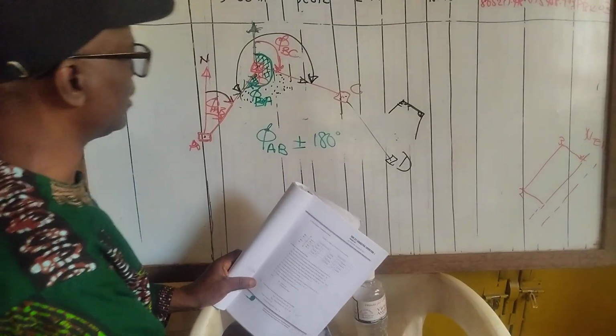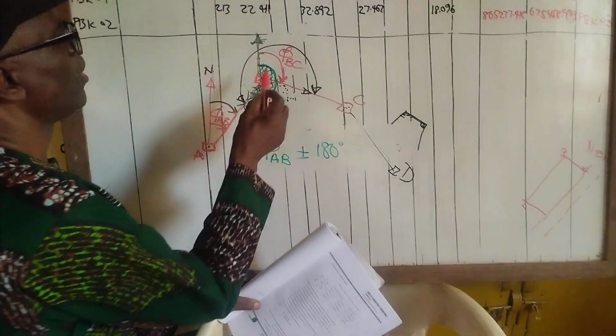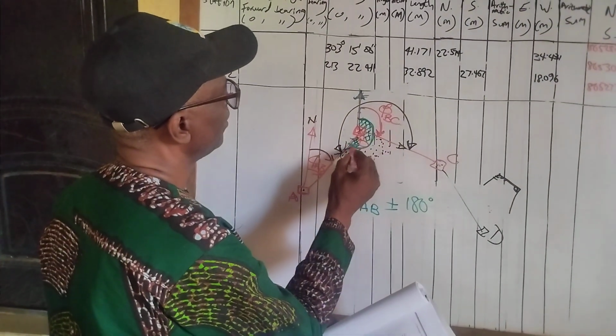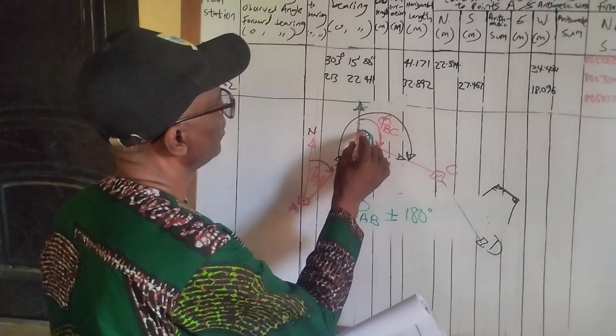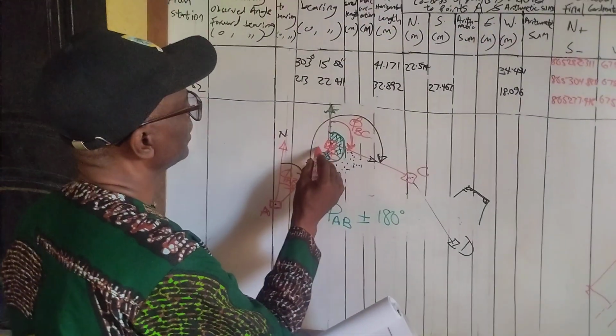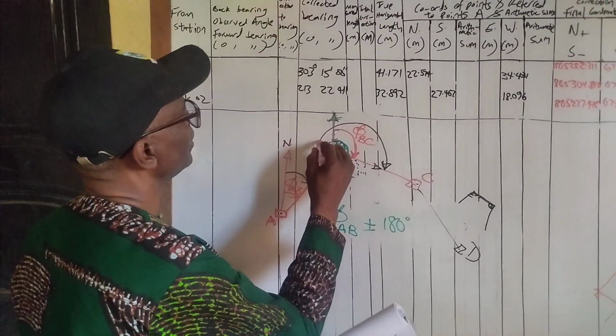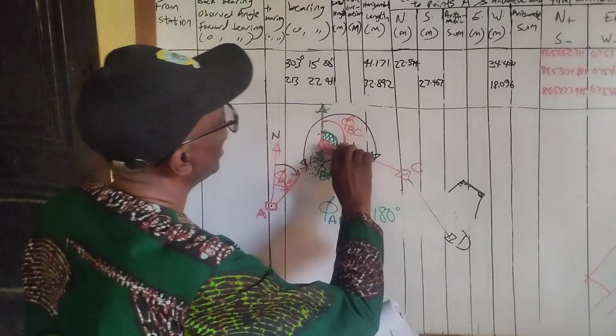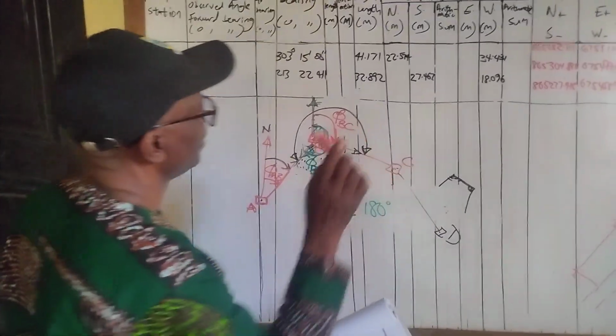Now with this, look at it very well. If you add this phi BA, as it continues along to here, it gives you the bearing B to C. Can you see it?